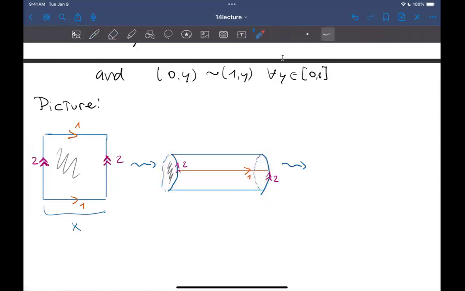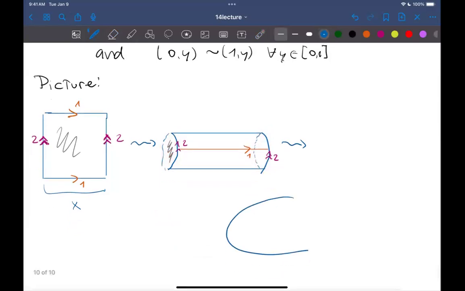So I will curve this, since we're only in 2 dimensions to visualize things, and you'll get something like this for the outer part, this for the inner part, something like that.